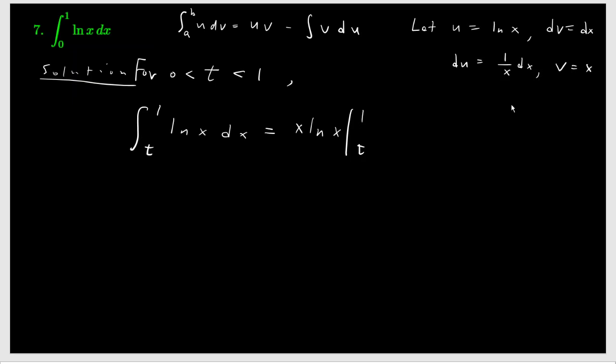Do not forget the integral is taken from a to b, and also you need to evaluate u times v from a to b. By this notation, we mean evaluate uv at b minus the value of uv at a. So just review integration by parts for the definite integral if you forgot the formula.